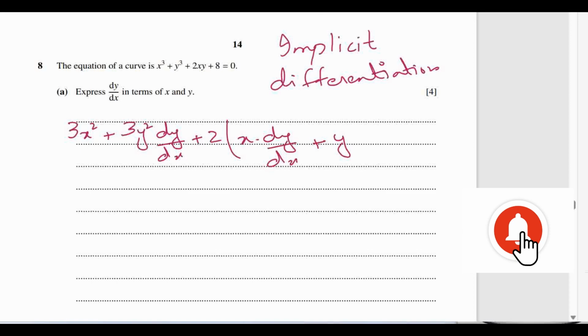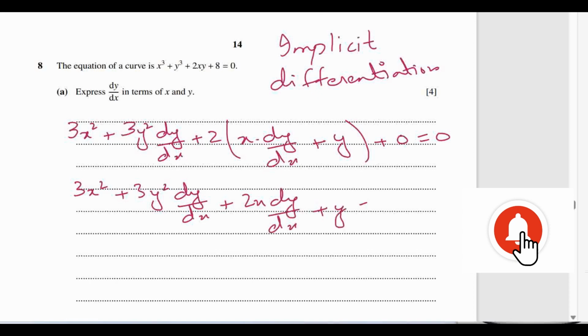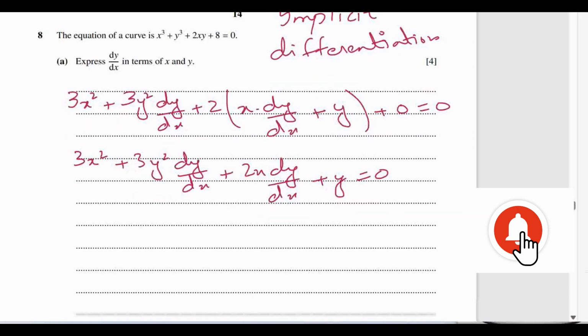So dx by dx will come, which is equal to 1, plus the derivative of this will be equal to 0. Now this will be 3x square plus 3y square dy by dx plus 2x dy by dx plus y is equal to 0.